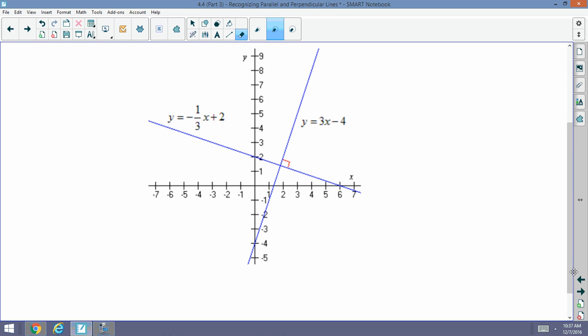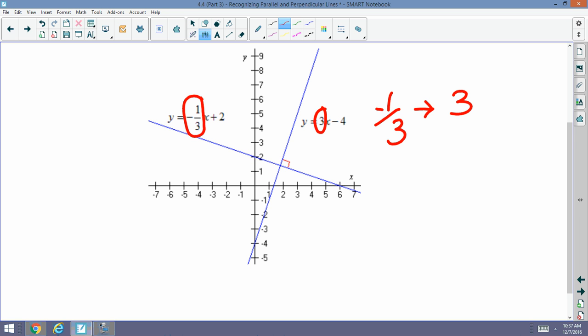So let's analyze these two equations as well. For my first equation here, I've got negative 1/3 as my slope. And for my equation over here on the right, I've got 3 as my slope. Well, guess what? Negative 1/3 and 3 are what's called negative reciprocals.